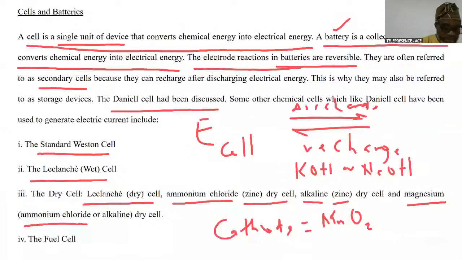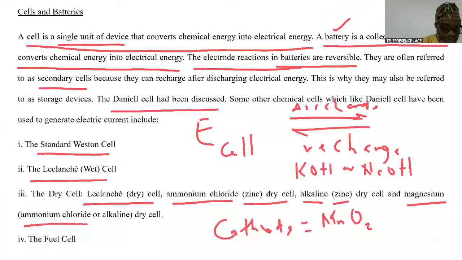You have the carbon pole, which is surrounded by a depolarizing mixture of powdered manganese oxide in a porous pot, in the sense that it controls the rate at the cathode. So the manganese forms the cathode on an inert carbon rod, and it serves to oxidize any hydrogen present to water.